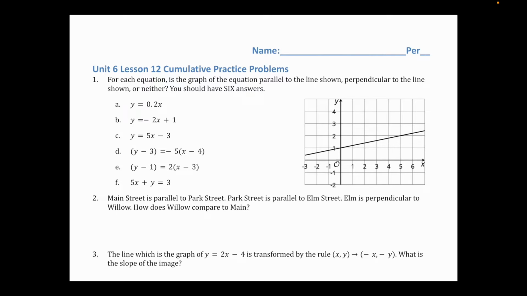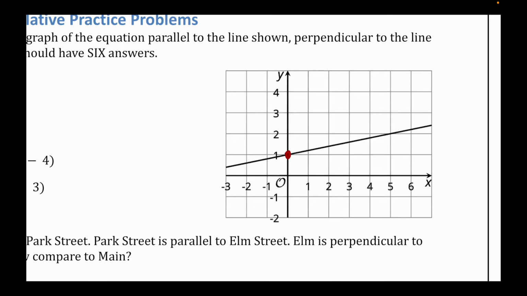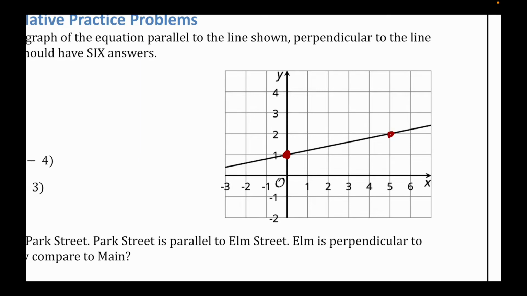So the first thing I'm going to do here is find the slope of the line that I have shown. I'm going to identify 2 points, which are going to be these two right here, and just count what my slope is.